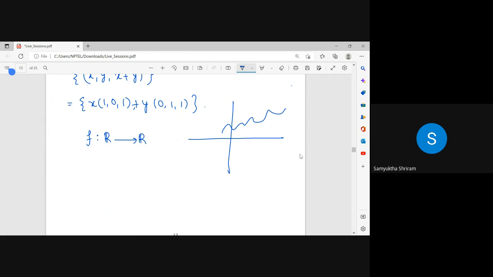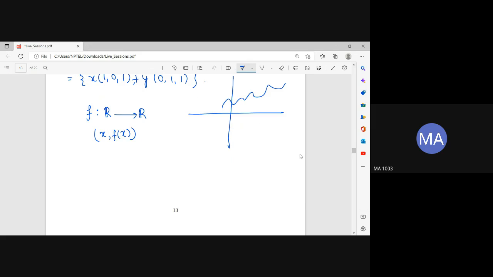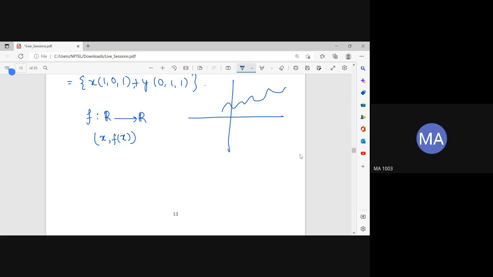Ma'am, I'm not sure, but sometime back you had shown the scaling of a square. Okay, but tell me for this, how will you draw the graph of this function? You will take an x, you will see what f of x is, and you will plot it, right? Yes, ma'am. That's how you draw the graph.